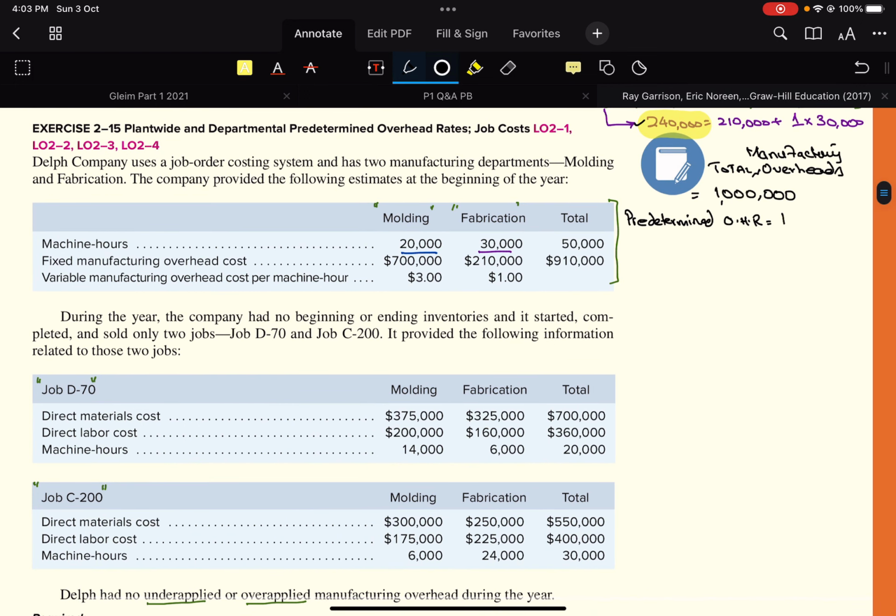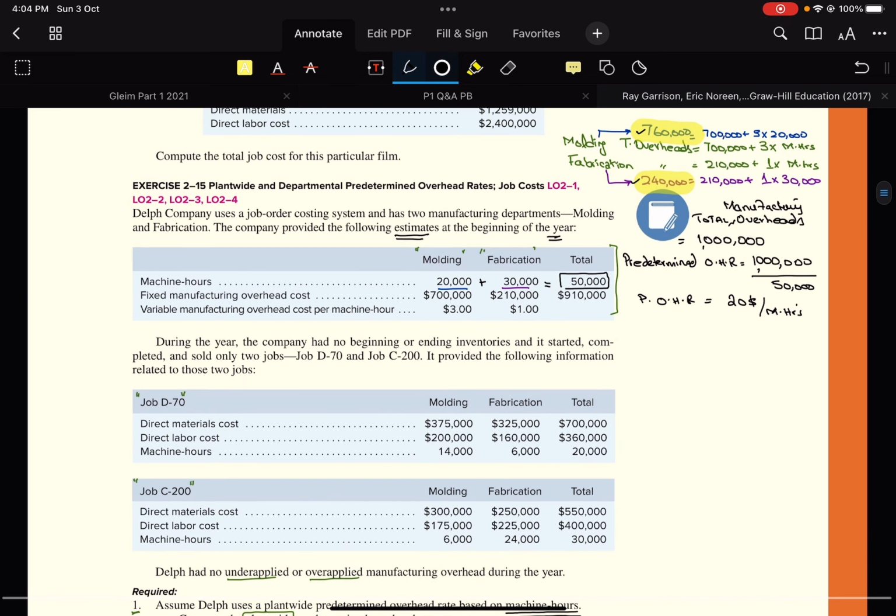So 1 million, how many machine hours are there in the company? 20,000 plus 30,000, total 50,000 machine hours were estimated at the start of the year. So the predetermined overhead rate is equal to $20 per machine hour. So this is part 1.